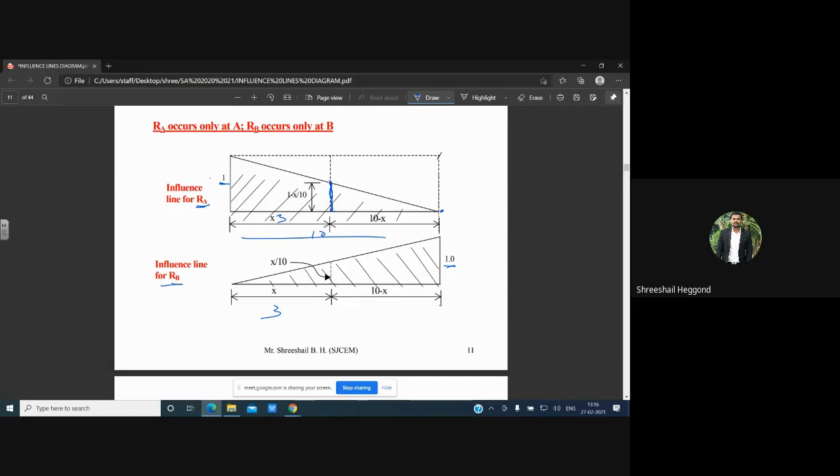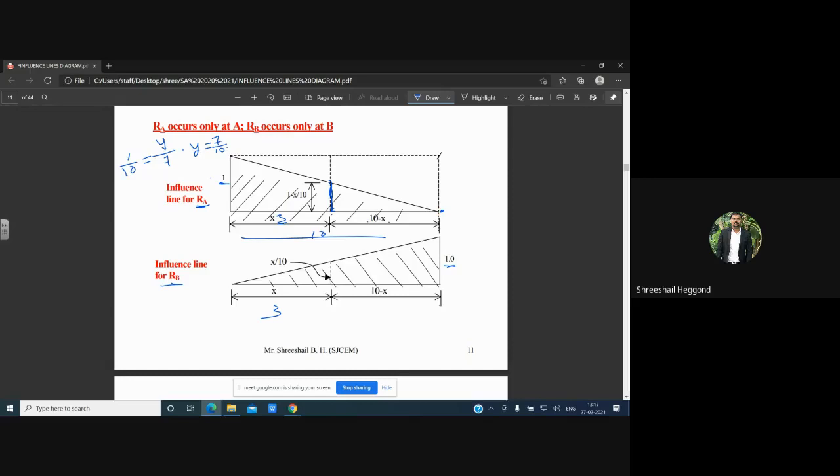That can be calculated as 1 divided by 10 is equal to the unknown value. I can write 1 divided by 10 minus x, which if you consider 3 meter is 7. The y can be calculated as 7 divided by 10.